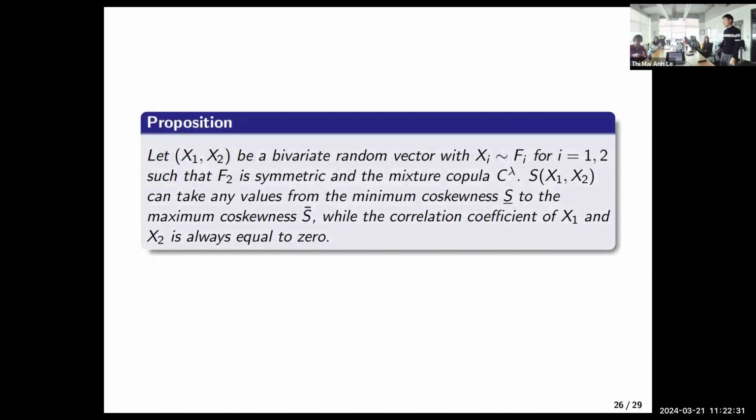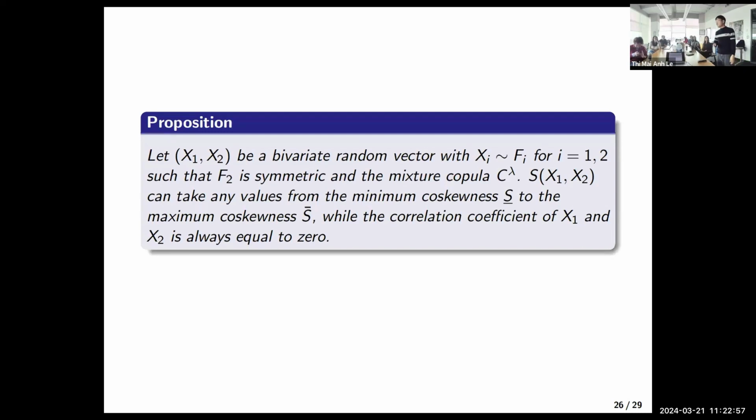Then under this two-dimensional setting, we use the mixture copula C lambda again and prove that the coskewness of X1 and X2 can take any values from the minimum coskewness S under bar to the maximum coskewness S bar, where the correlation coefficient of them is always equal to 0.